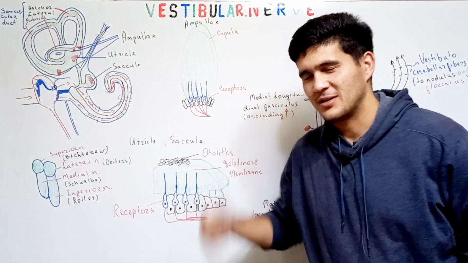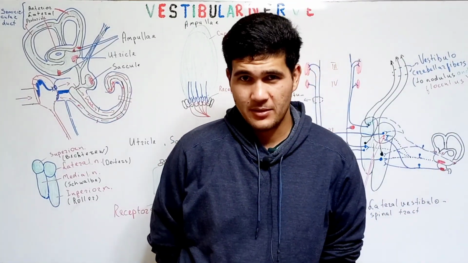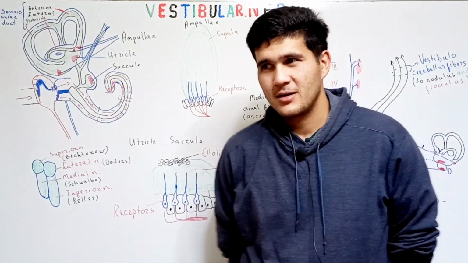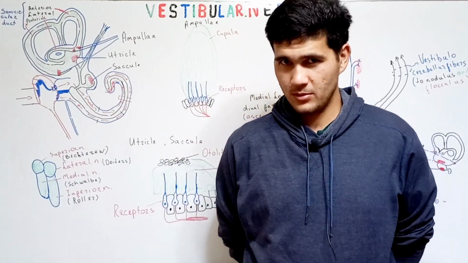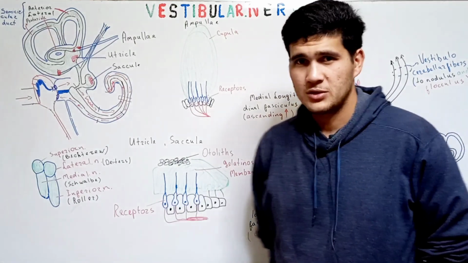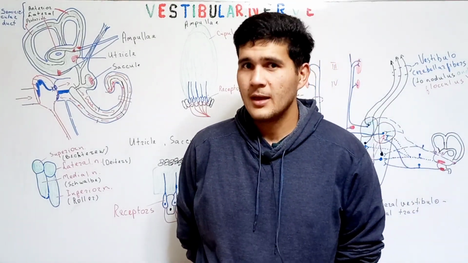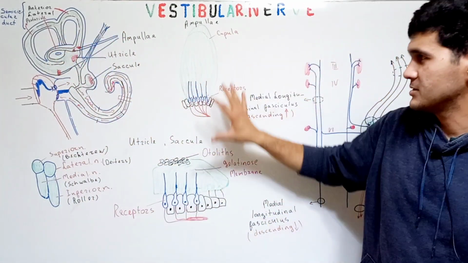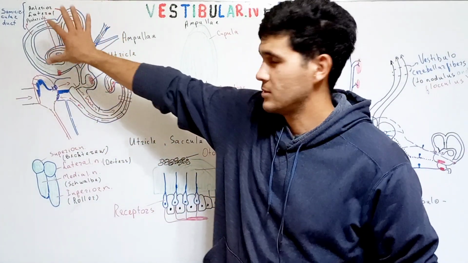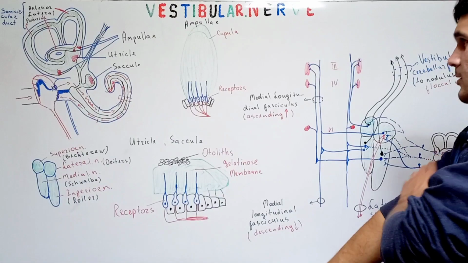That's the half part of the 8th cranial nerve, and today I will try to give you comprehensive information about the vestibular system. First of all, we should do some kind of review about the normal anatomy and normal structure of the receptors and the vestibular organs, yeah? And look at that.